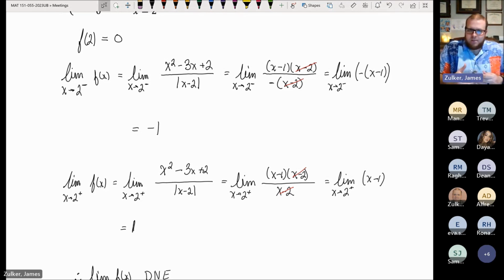Which of the two one-sided limits equals 0 at 2? Right? Neither of them.